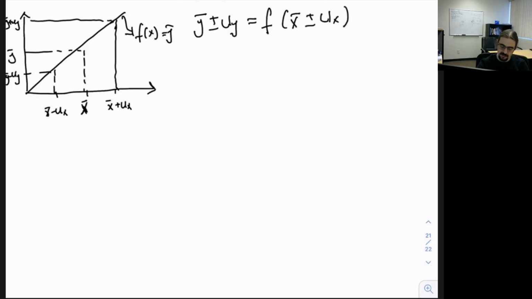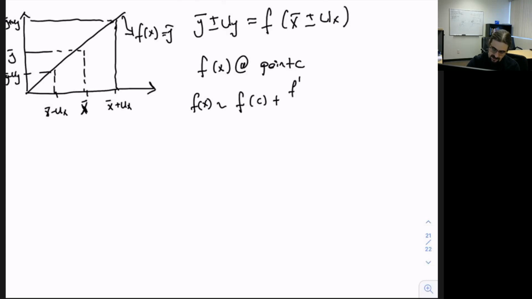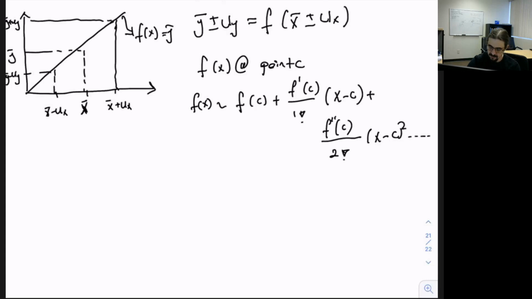Okay, so if you remember, you can estimate a function at a point using the Taylor series expansion, which states that a function f(x) at point c can be approximated as f(c) plus the first derivative of f at point c divided by 1 factorial times (x minus c), plus the second derivative of f at point c divided by 2 factorial times (x minus c) squared, and then it can go up to n.